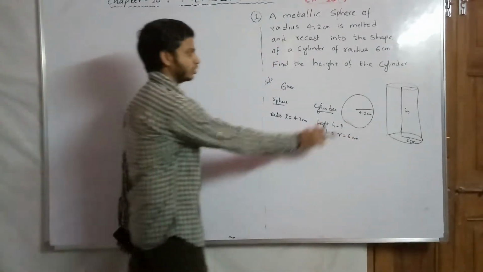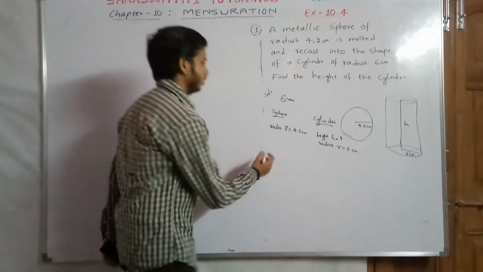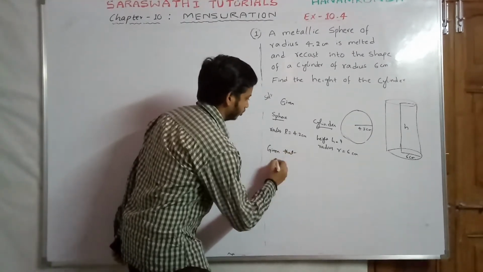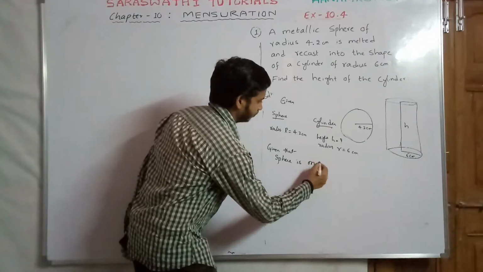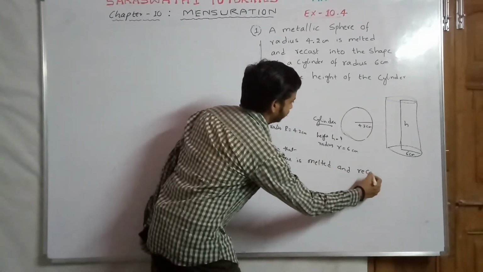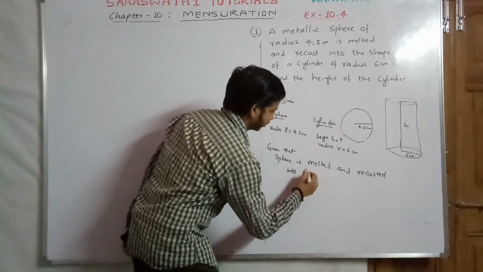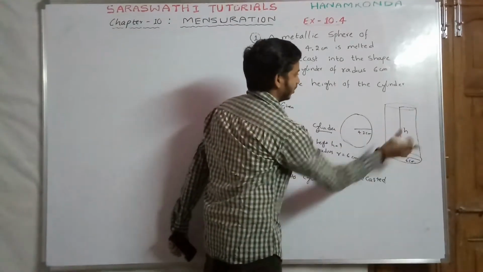Here the sphere is melted and recast into the form of a cylinder. So the sphere is melted and formed into a cylinder.